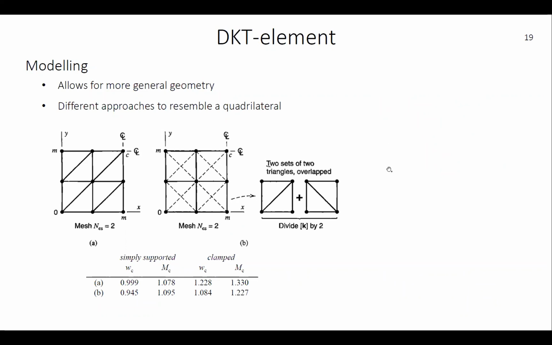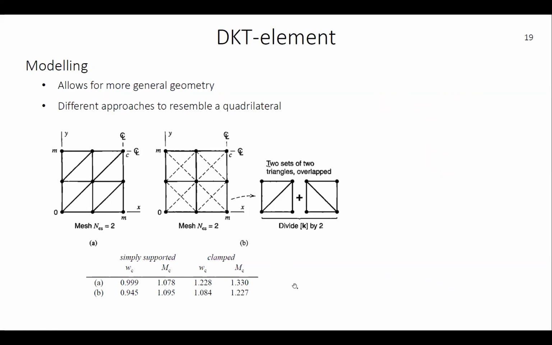And we compare different results, namely here at the center point, the vertical displacement at point C, and the bending moment at point C. And only using this many elements, we generally obtain very good accuracy compared to theoretical results, as we can see in this figure.